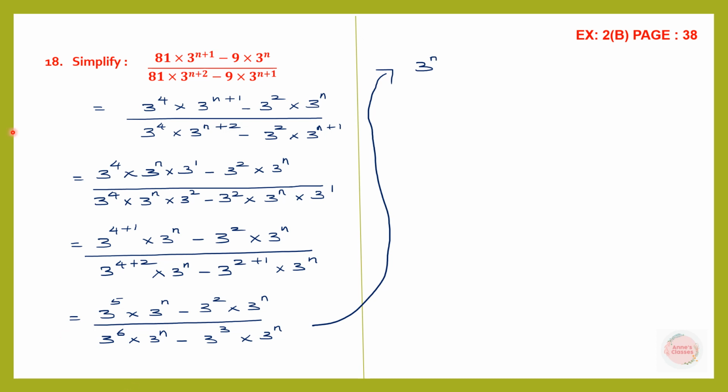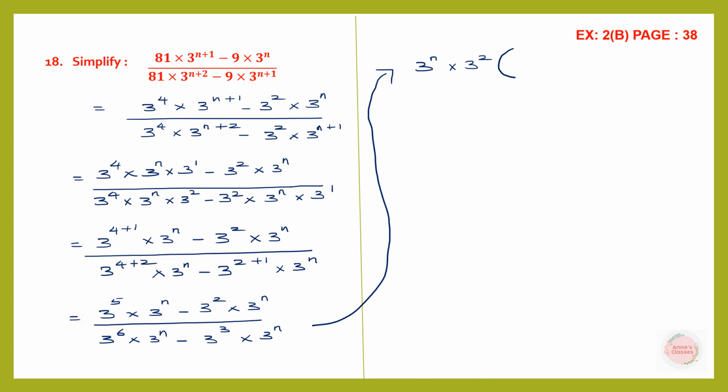Now I can still take out, here I have 3 to the power of 5 and 3 to the power of 2, isn't it? So if I take out only 3 to the power of 2, that's there here also, isn't it? Because this is 3 to the power of 5. So let me take 3 to the power of 2 out. So into 3 to the power of 2, and the rest of it I'm going to put within brackets. So let's look at this. This is 3 to the power of 5 and I already have 3 to the power of 2 here. So how much is left? 3 to the power of 3.